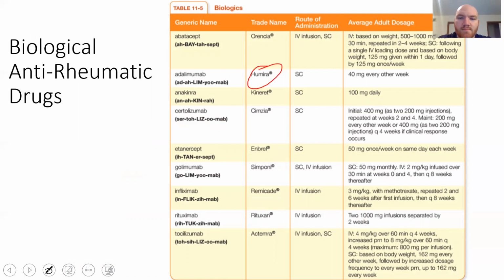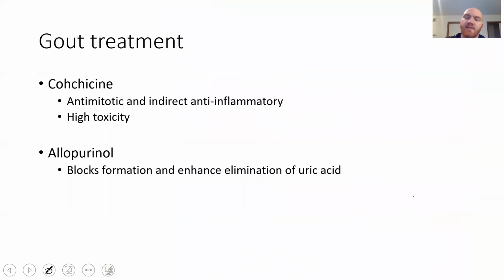Humira, Simponi, Remicade, Rituxan. Those are all very common, and these will sometimes be used with methotrexate. That's where you'll usually see methotrexate, if you see methotrexate. These work on the immune system as well, but instead of just suppressing it in general, it's a more selective modification of the immune system activity.